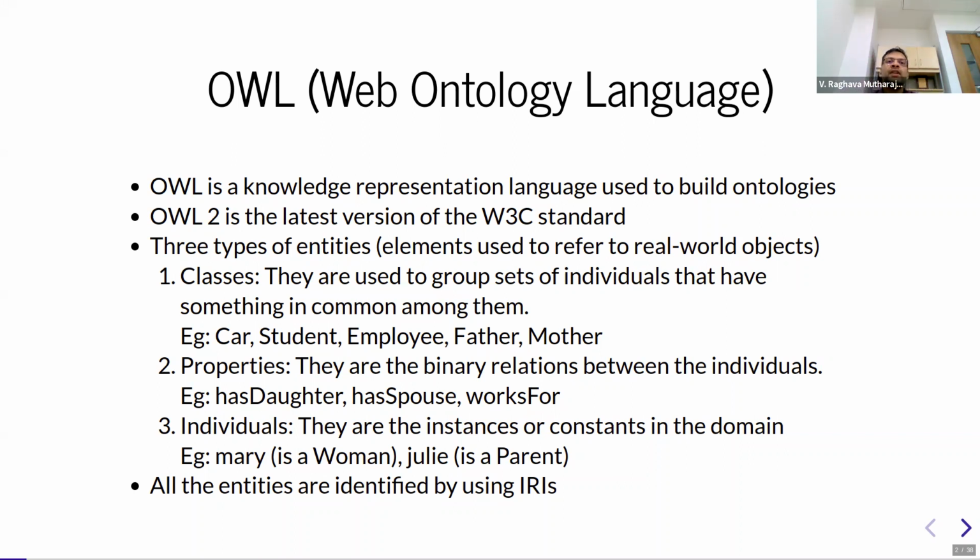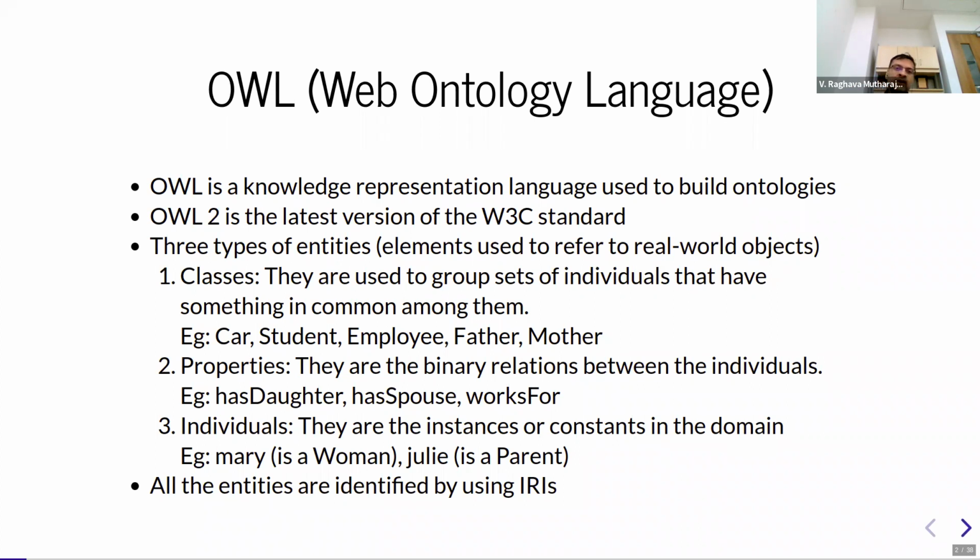They are used to group together the individuals that belong to the same class. So for example, you can have employee, student, father, and mother. Right? Properties are the binary predicates, and individuals are the instances or the constants. Right? So Mary is an instance of woman, Julie is an instance of parent.